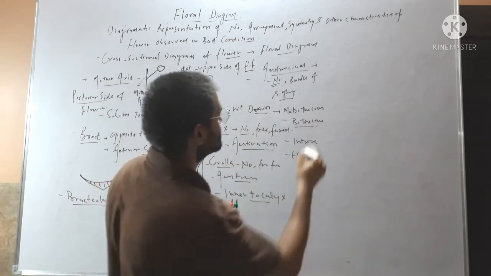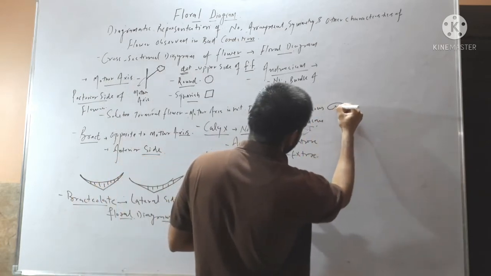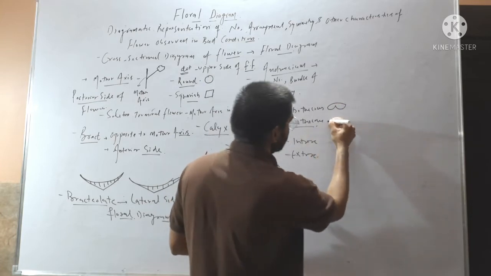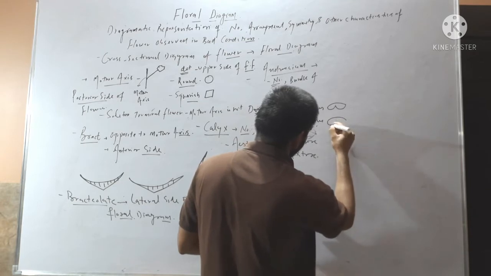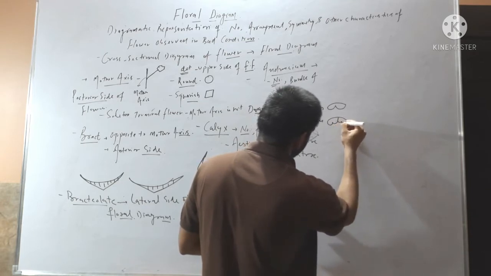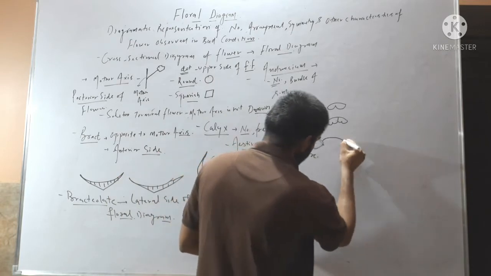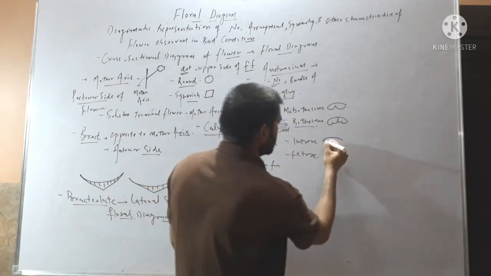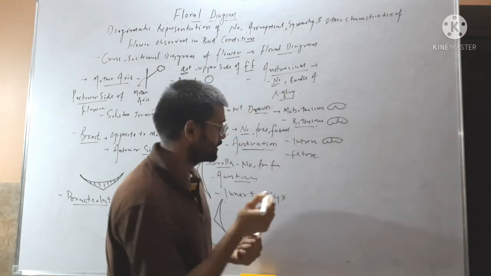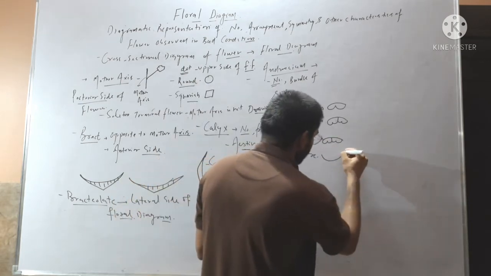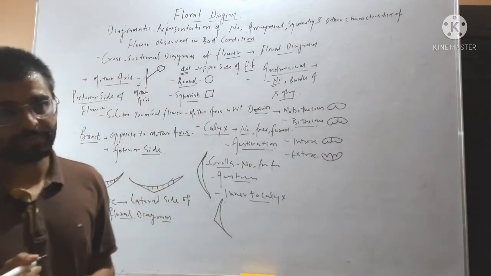If they are monothecous, then they will be drawn like this. If they are bithecous, then they will be drawn like this. If they are introrse, meaning the anther faces inward, then they will be drawn like this. If they are extrorse, meaning the anther faces outward, then they will be drawn like this.